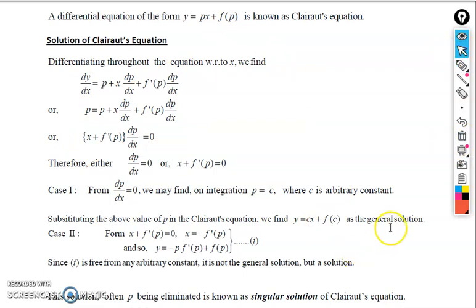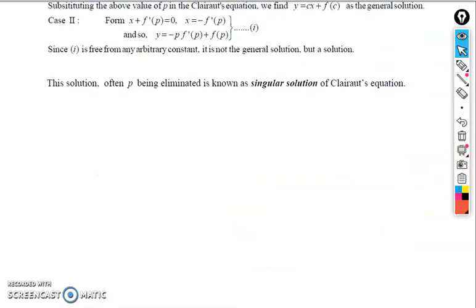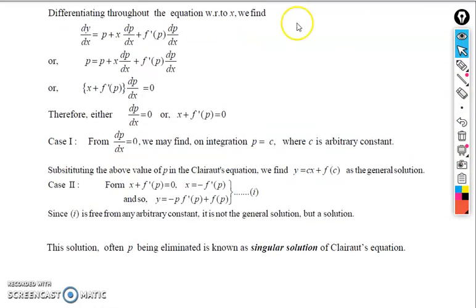And the other case is this one, the second part, x plus f'(p) equals 0. That means we can find x equals minus f'(p), and the given equation is in terms of x and p.